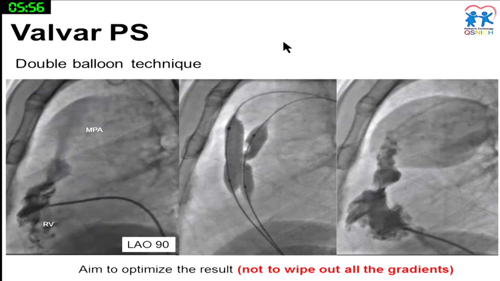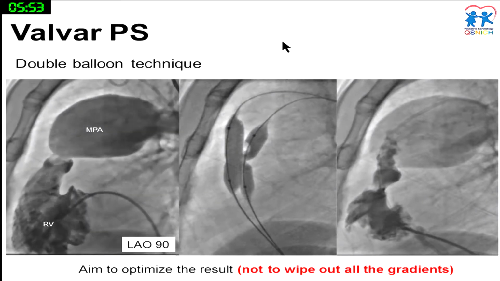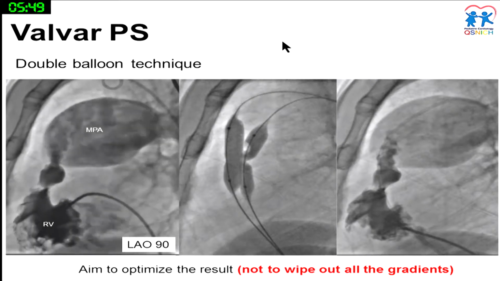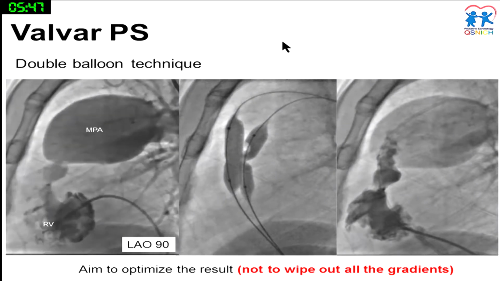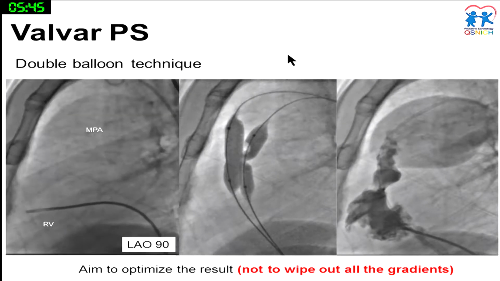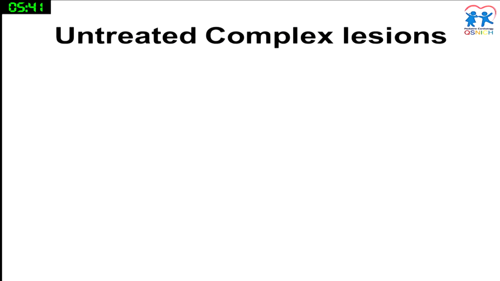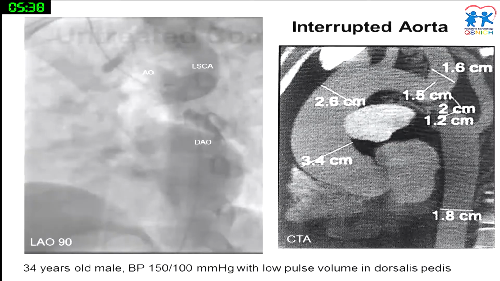And again, this is not one shot. You need to serially treat this patient little by little. You can't completely abolish the gradient at one time, because that may lead to complications for the patients. So how about completely untreated complex lesions?